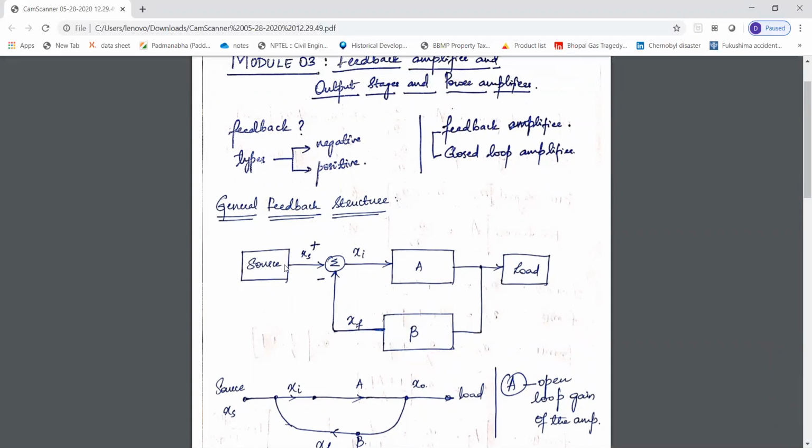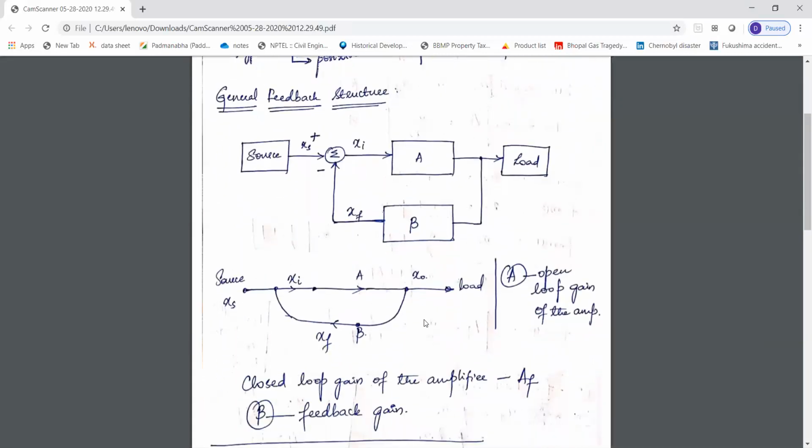The output of the source, XS, is given as input to the summer, and the output of the feedback network, XF, is also given to the summer as input. The output of the summer is Xi, the difference of the two signals XS and XF. There is a negative symbol here because it is negative feedback. These signals XS, Xi and XF represent the voltage or current of that particular system.